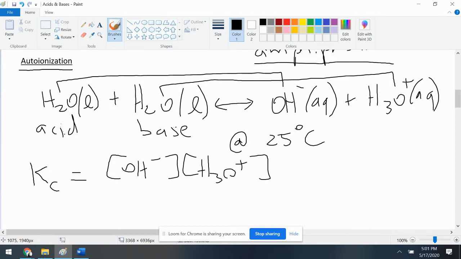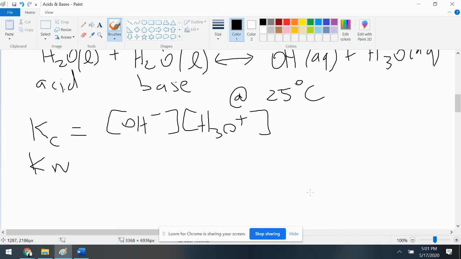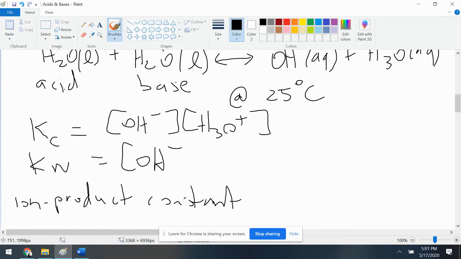Next, here's my expression. Instead of Kc, I'm going to change it to Kw this time. Kw represents the ion product constant for water, which is equal to the concentration of OH minus times your hydronium ion.